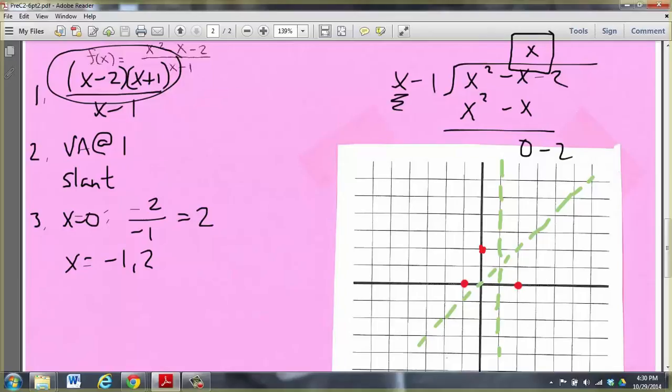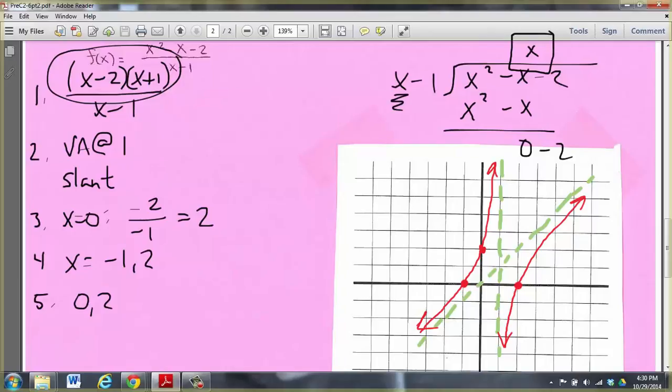Again, just for the sake of practice, we are going to test 0 and 2. Oh heck, we don't even need to. 0's right there and 2's right there. So we have enough for our graph. Looks just like that.